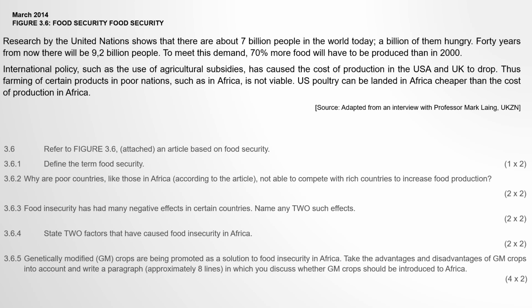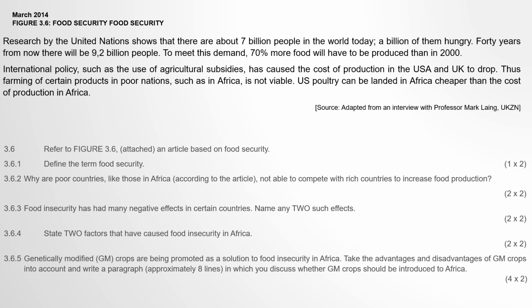International policies, such as the use of agricultural subsidies, have caused the cost of production in the USA and UK to drop. Thus, farming of certain products in poor nations such as Africa is not viable. US poultry can be landed in Africa cheaper than the cost of production in Africa. So refer to that figure.